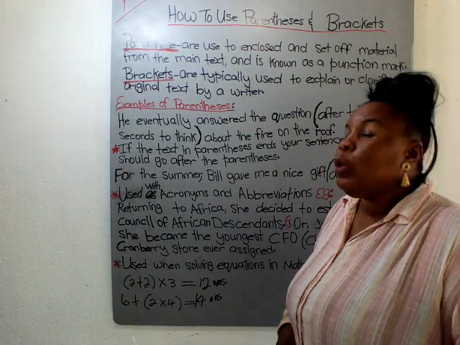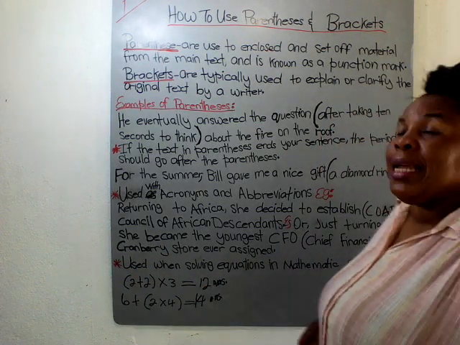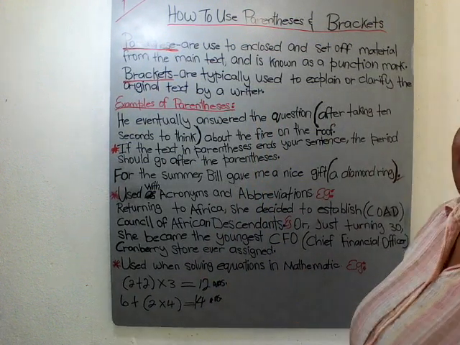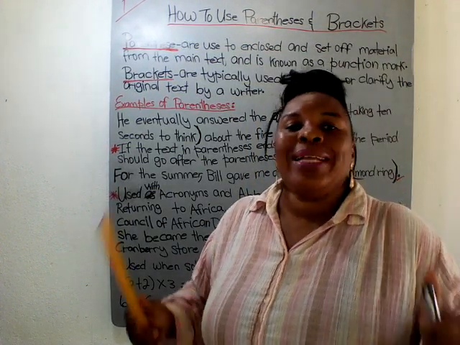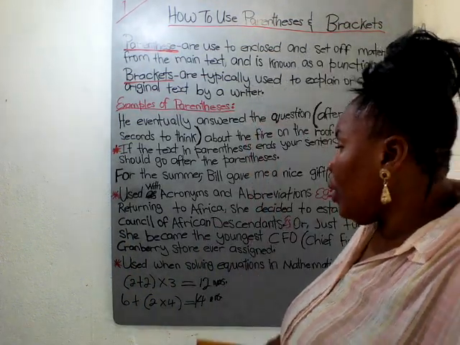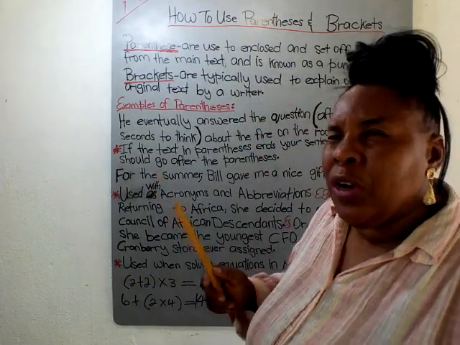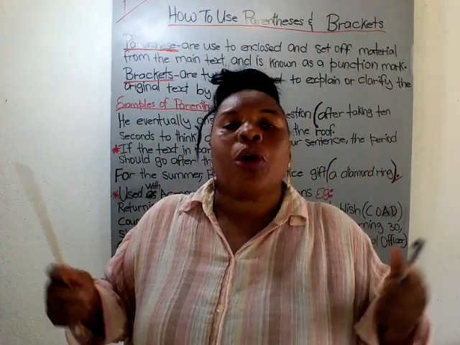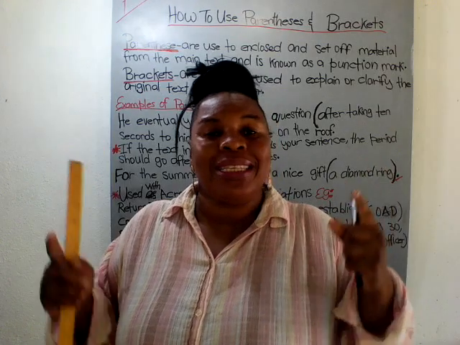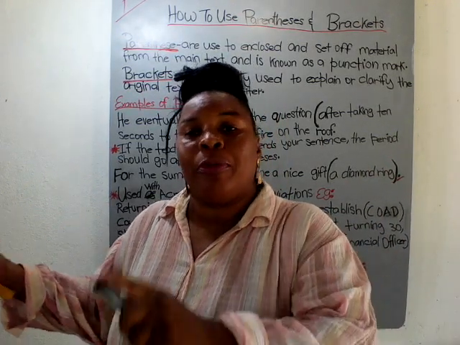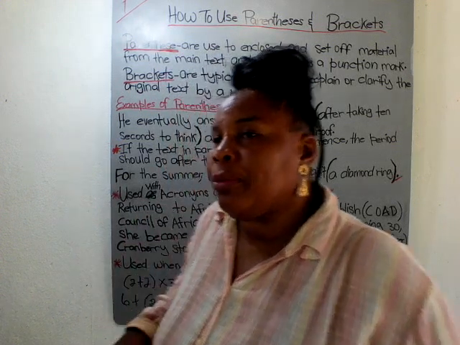A next way of using parentheses is in mathematics, when solving equations. My professor always told me to work out whatever is in the parentheses first before you work out any other problems, right?